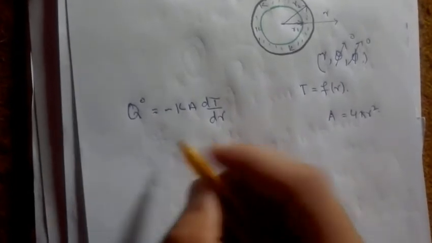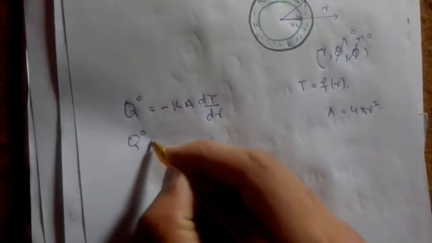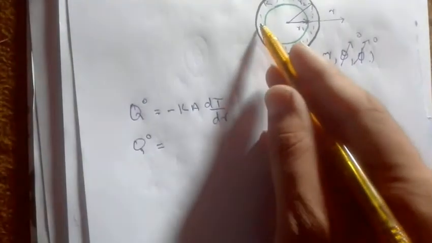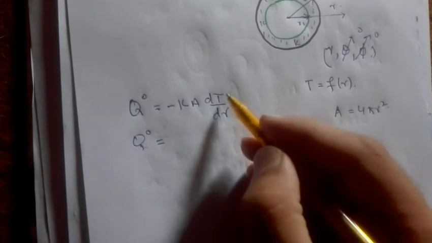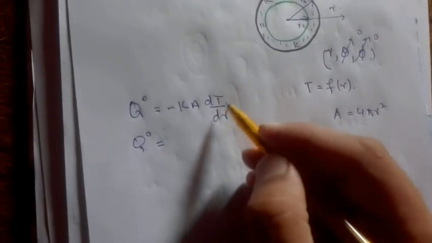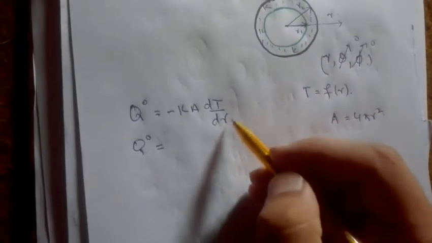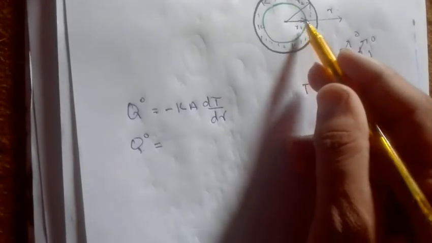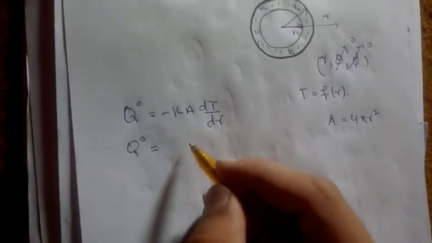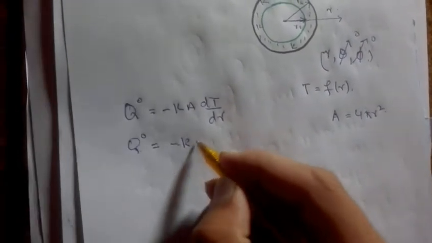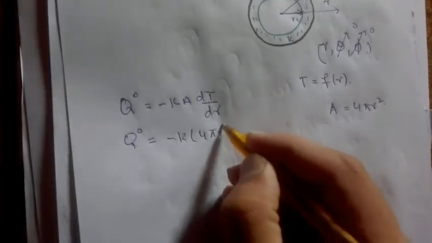Q dot is equal to kA dT by dr, where k is the thermal conductivity of the sphere, which is constant, A is the area of the sphere, dT is the change in temperature, and dr is the change in the radial direction.